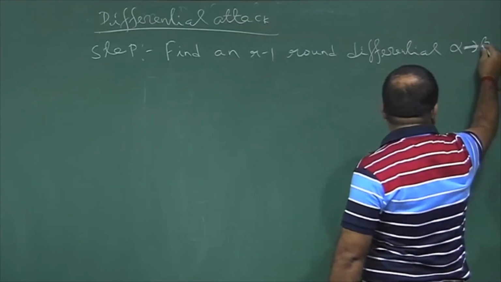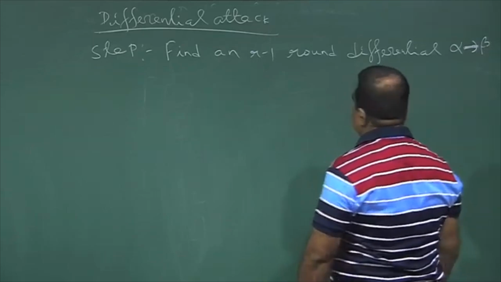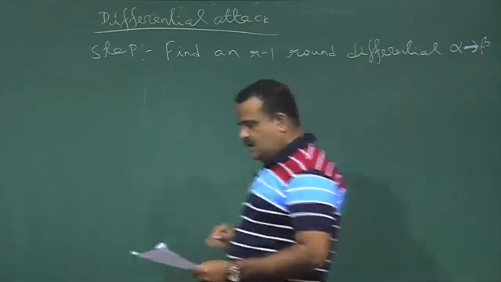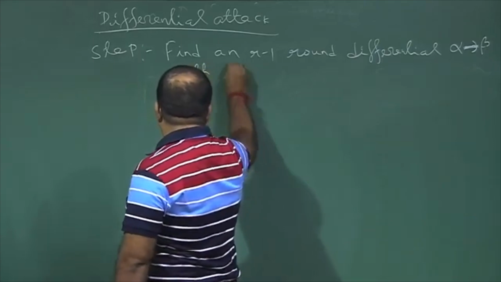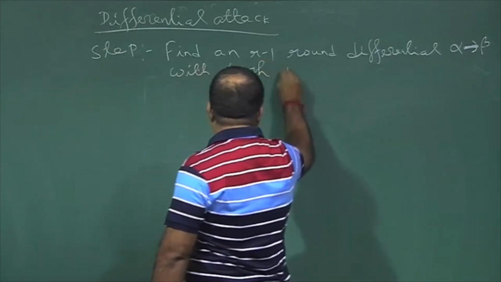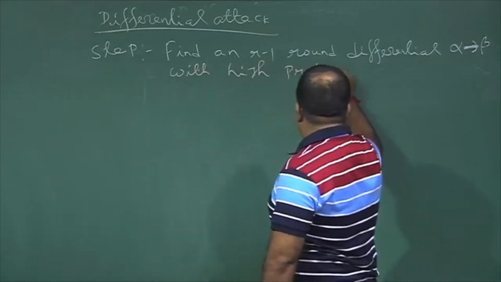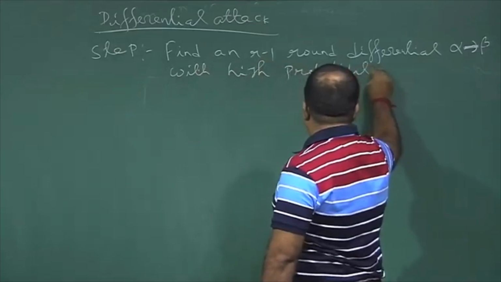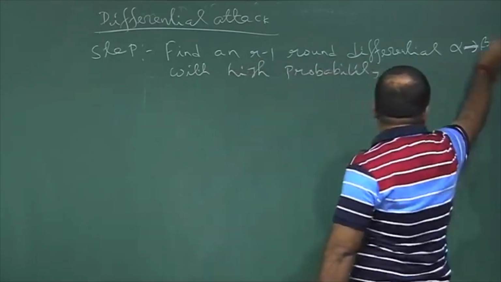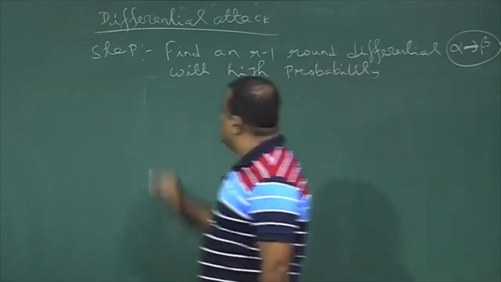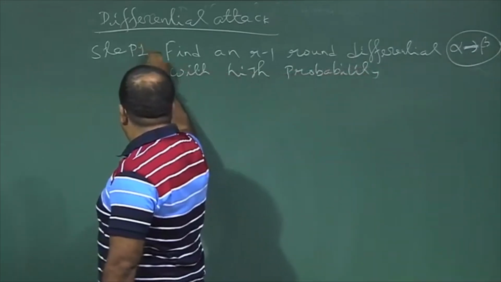That means if the input difference is alpha, then the output difference will be beta in F with high probability. So we need to have this alpha, beta, otherwise we cannot have the differential attack work.